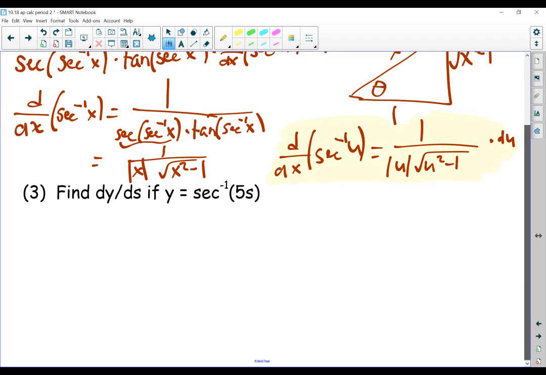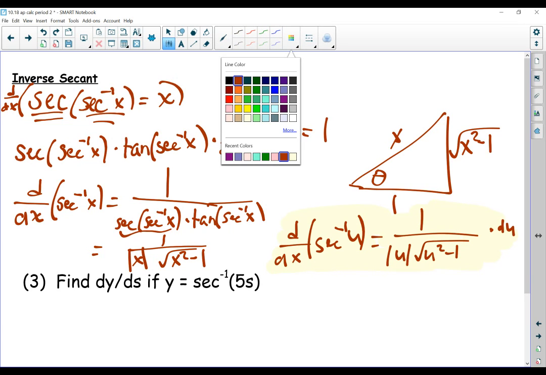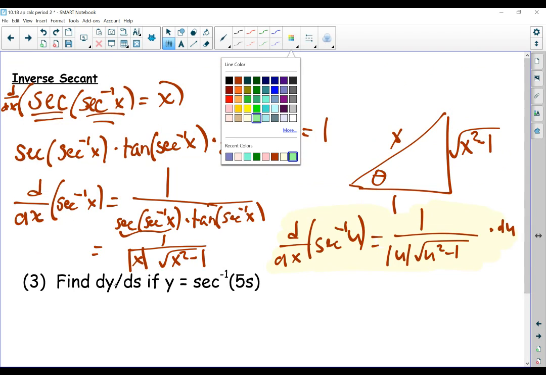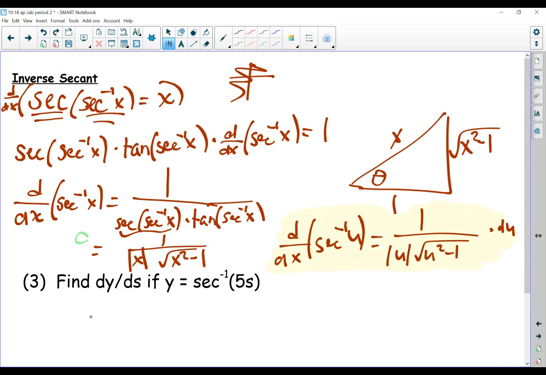Okay, so in this case, if we're going to do this one, just having all sorts of color fun here. Maybe I'm feeling this light green. Okay, we're trying to find dy/ds here. Now in this case, here's my u.